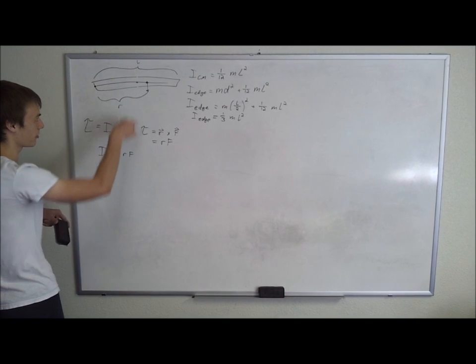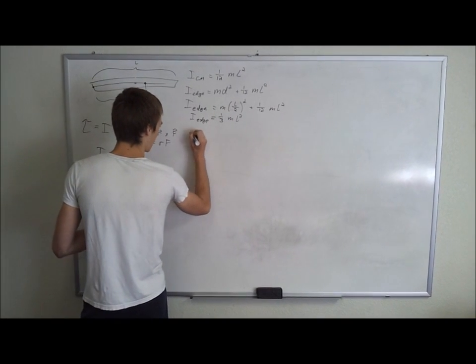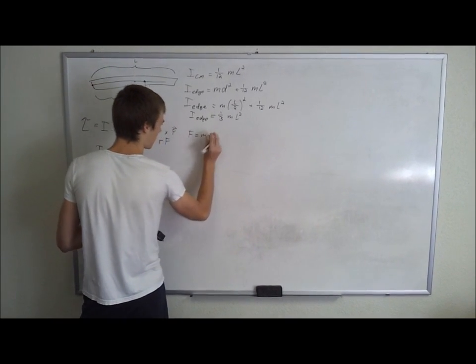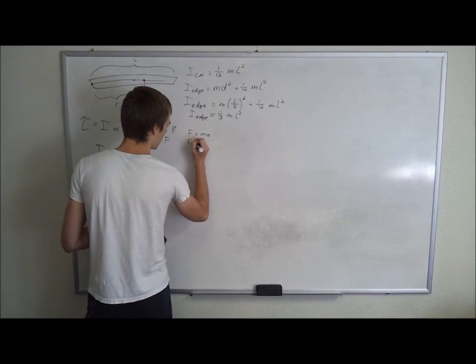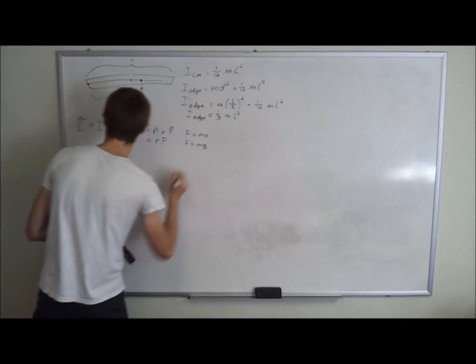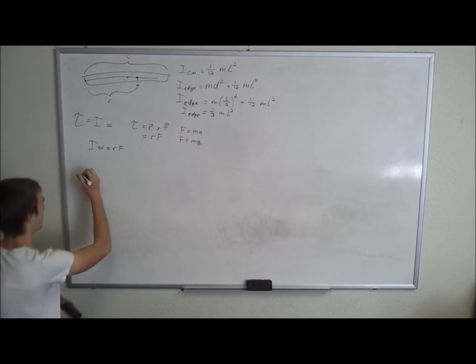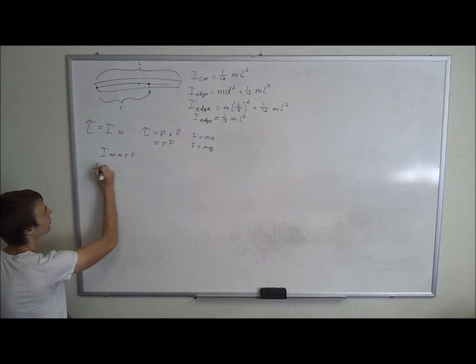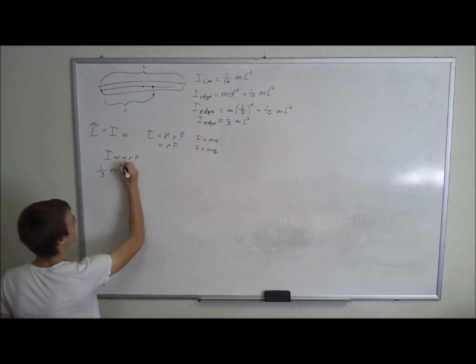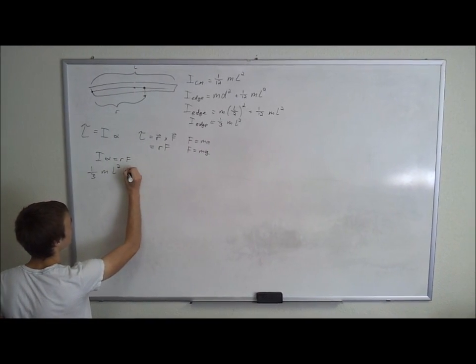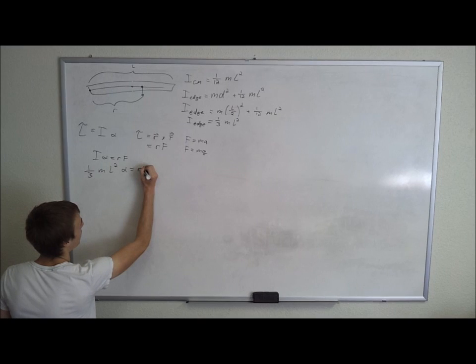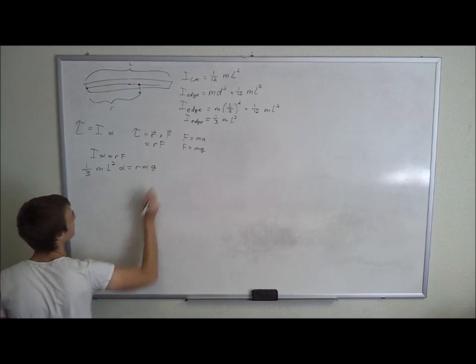Now we simply plug in some variables. F is equal to ma, and our acceleration is due to gravity, so F is equal to mg. We also use the moment of inertia that we found. So we have 1/3 times the mass times the length squared times angular acceleration is equal to r times m times g.